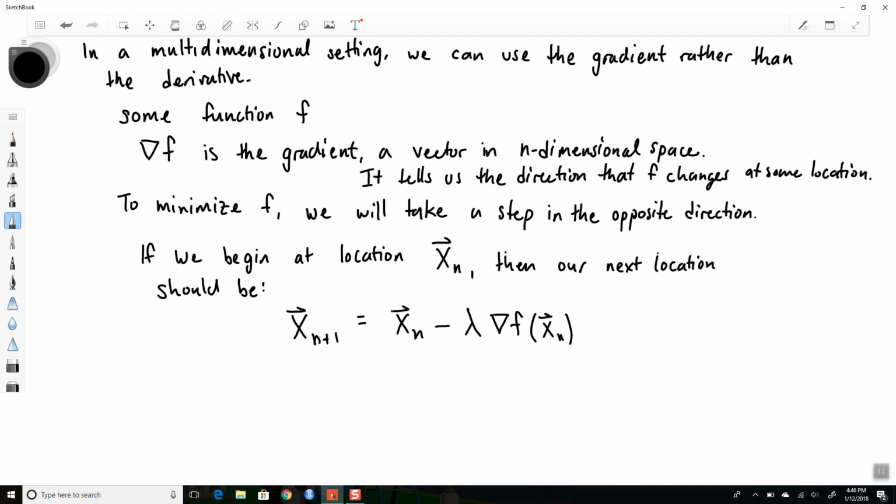Here again, lambda is a positive constant. Usually lambda is a small value, like maybe 0.01, just to make sure we take a small step, okay?